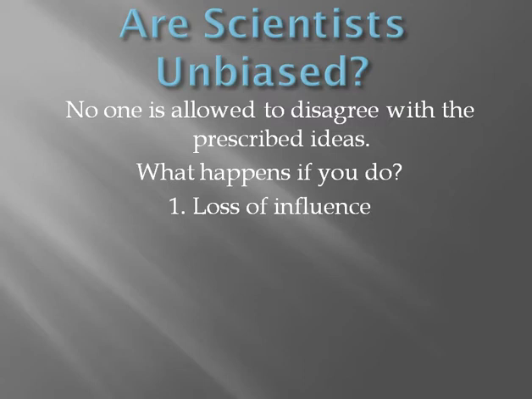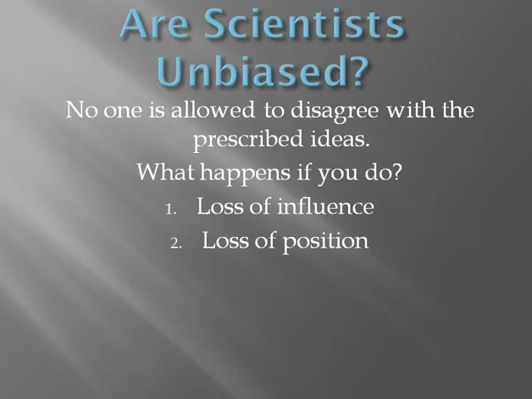For instance, if you're a scientist today and you begin to say anything that even begins to hint at an idea that conflicts with the theory of evolution, you can be completely eliminated from any area of influence. That means you don't have any areas in the scientific magazines that you could publish. You can lose any positions that you have. And the same thing, of course, goes with teachers and with professors.